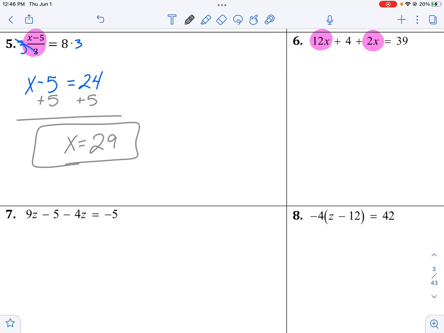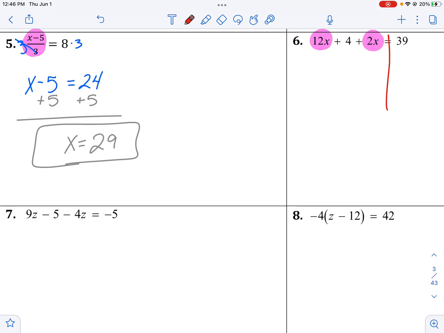Now 6 and 7 are very similar, but there's one thing that we're not used to seeing yet that we need to simplify. If I see more than one set of like terms, I can combine them. Now the 12 and the 2 are on the same side of that equal sign, so I don't need any opposite operations because I'm not moving anything from one side of the equal sign to the other.